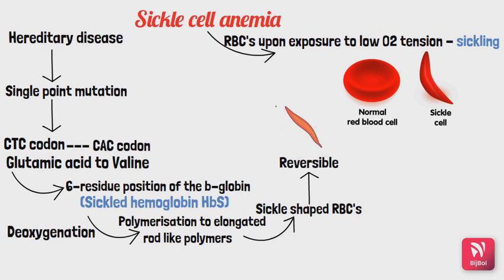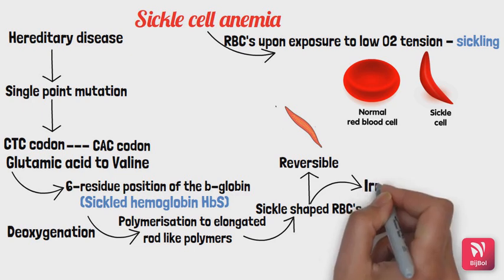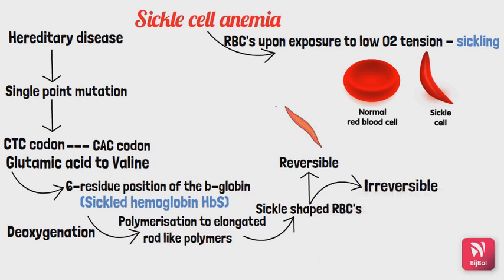So now these sickle shaped RBCs are reversible, but they can become irreversible also. Like I told you, whenever the membrane of these RBCs is damaged, they will become irreversible sickle shaped RBCs. As you can see in this picture, this is an irreversible sickle cell because the membrane is all damaged. So this is the basic pathogenesis of sickle cell anemia, how it occurs.